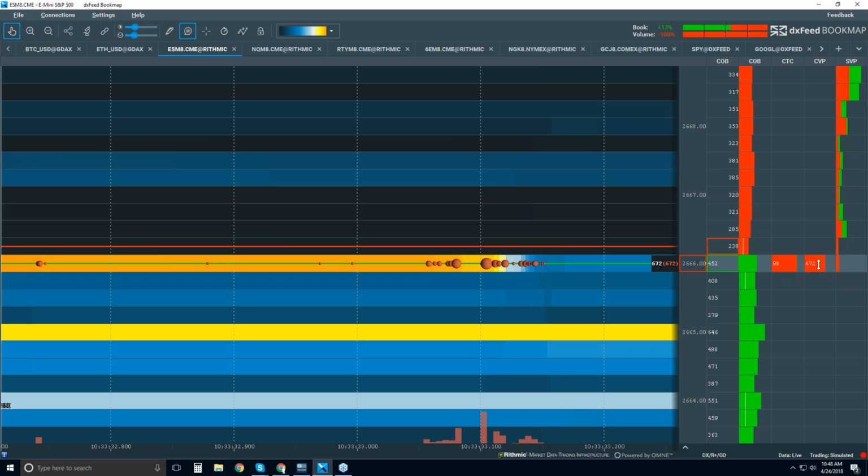Okay, 672 is what traded. Okay, and you can see that they're eating away at that liquidity here, right? And you can see that they're actually starting to pull some of it as well. Okay, because otherwise they would have, I mean, not all of it traded for sure. We know that, but I guess, yeah, I guess this makes sense.